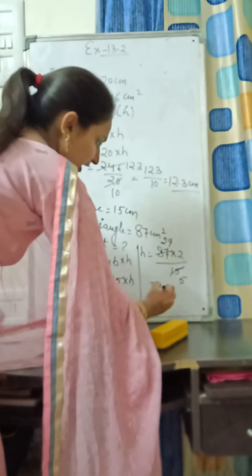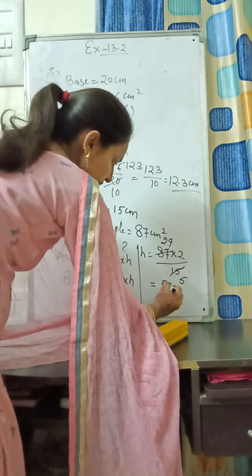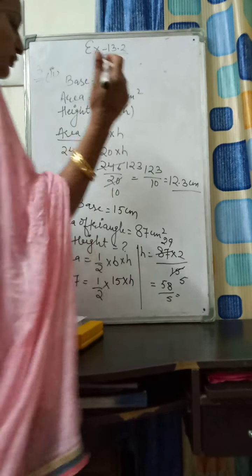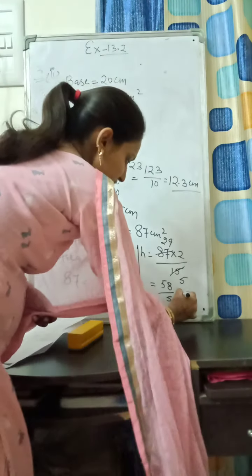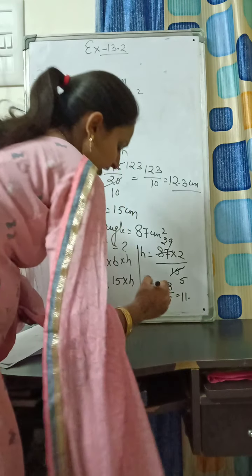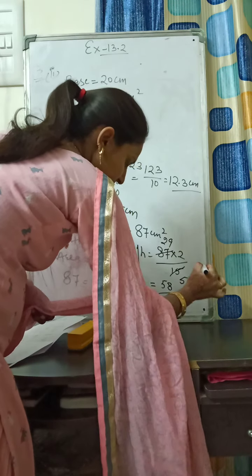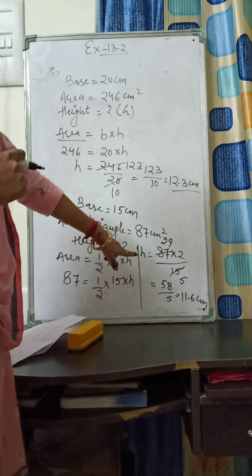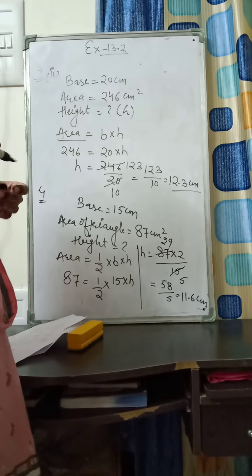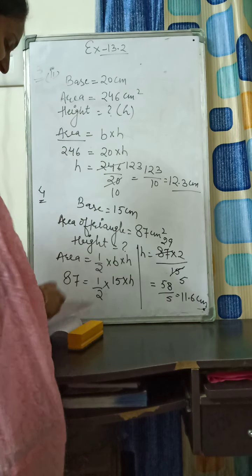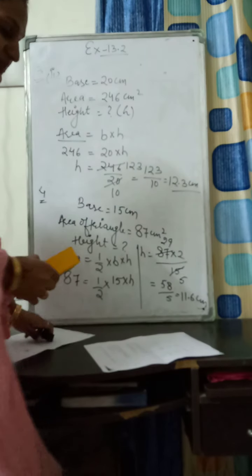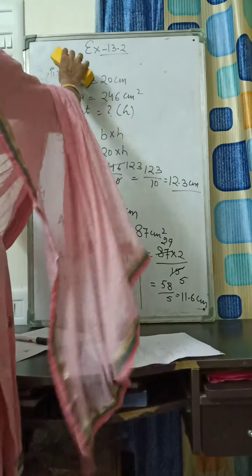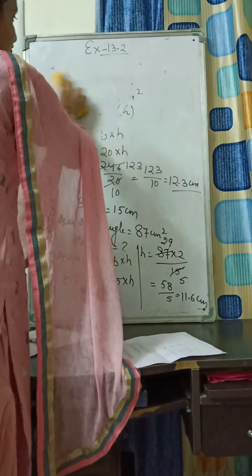Now 9 twos are 18 and 2 twos are 4, so 58 upon 5. So it will be in decimal form. 5 ones are 5, again 5 ones are 5, and 5 sixes are 30. So we can say that the height of the triangle will be 11.6 centimeter. So students, in the same way, you can find the height and the base of the other parts of the question. Now let me start with the fifth question.